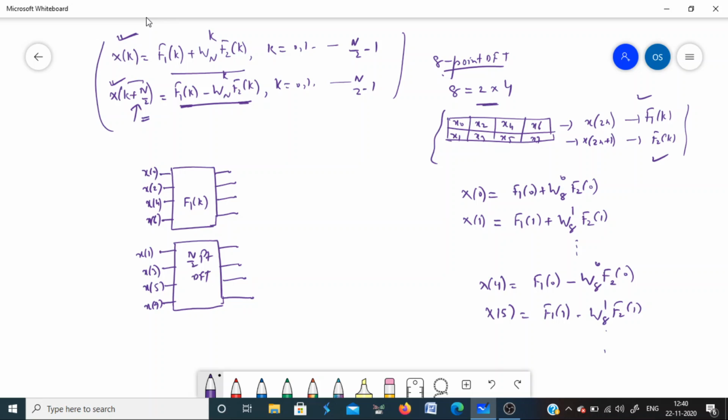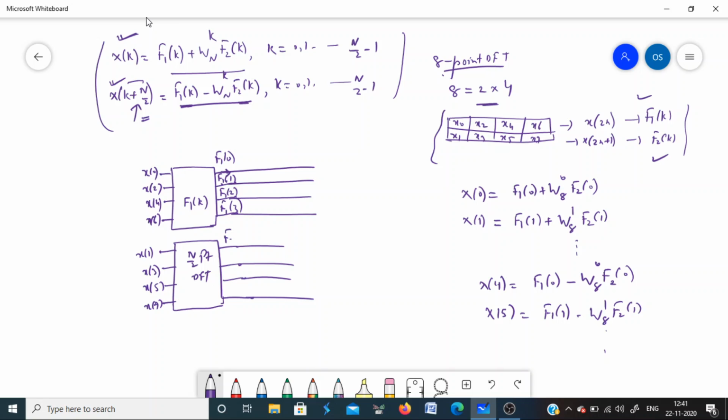So I get X[0]. This is F1[k], the 4-point DFT. It means this point is F1[0], this sample is F1[1], this is F1[2], F1[3].